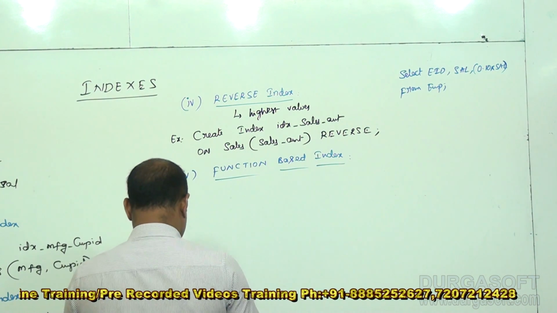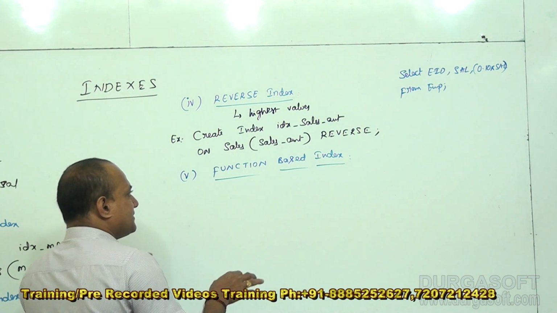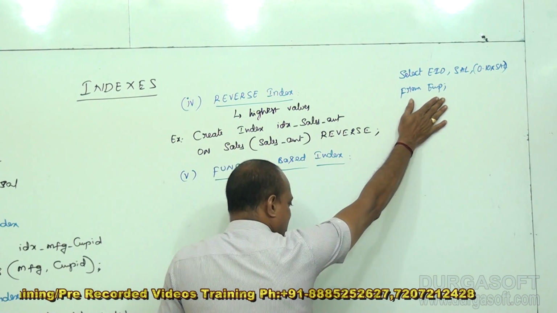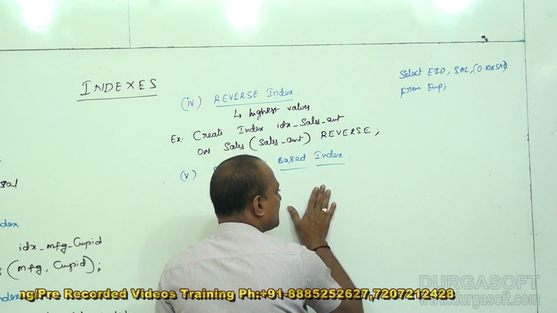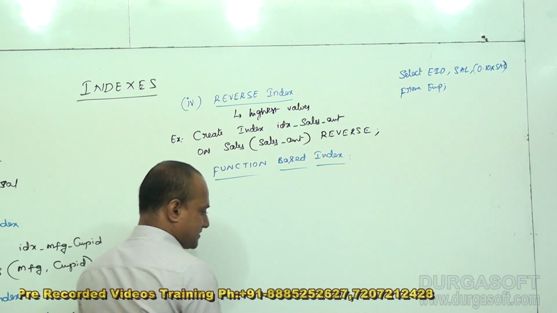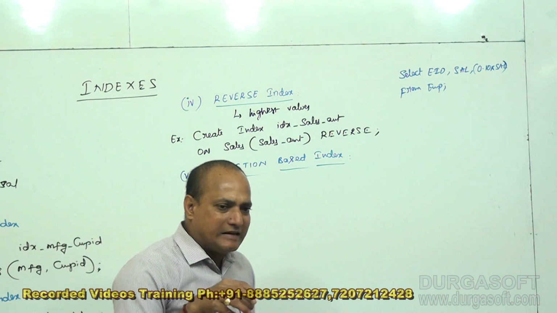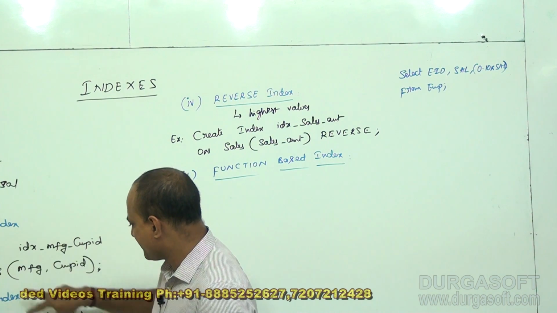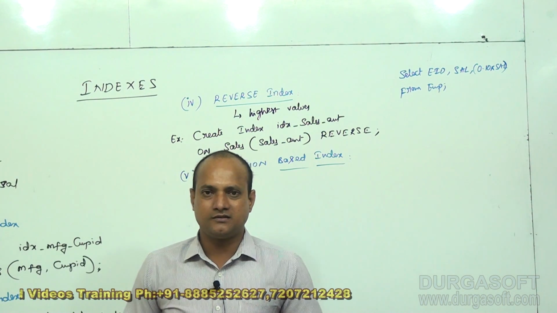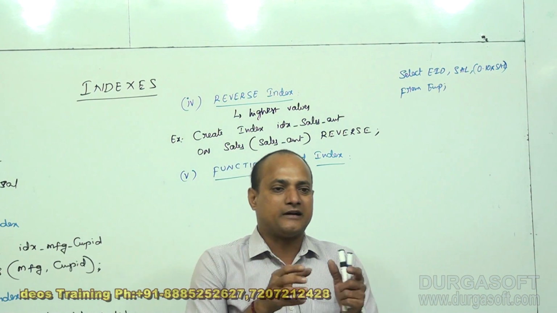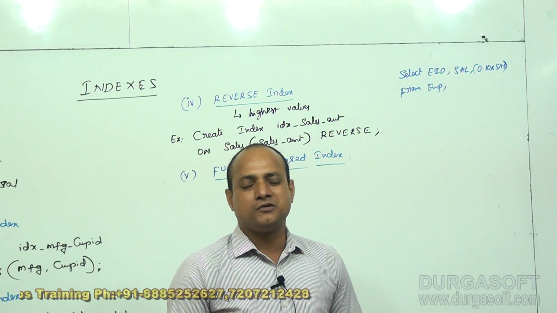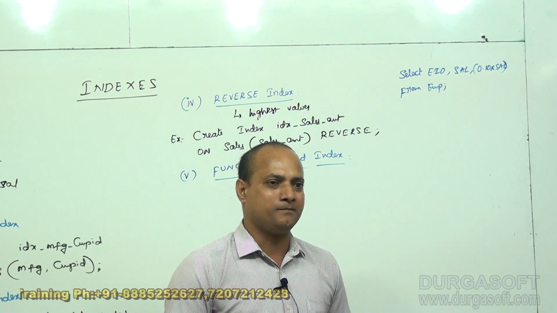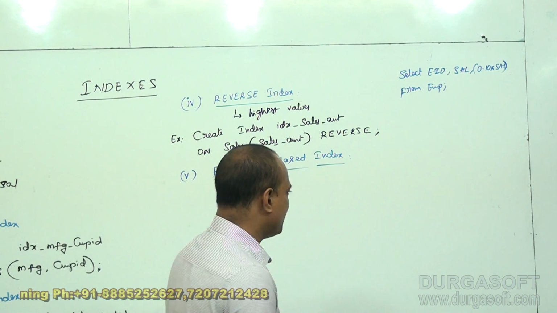Yeah. So how do I create it? This is the simple answer, but technically how can I create a function based index? Within the index definition, if you use any function on the column, if you use any calculation on the column, that is called a function based index.